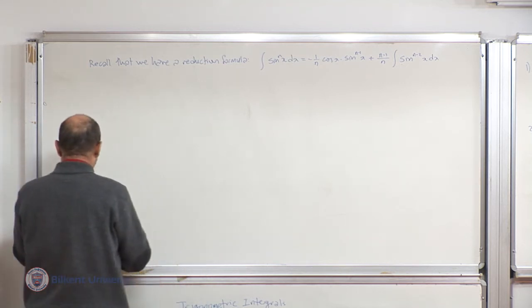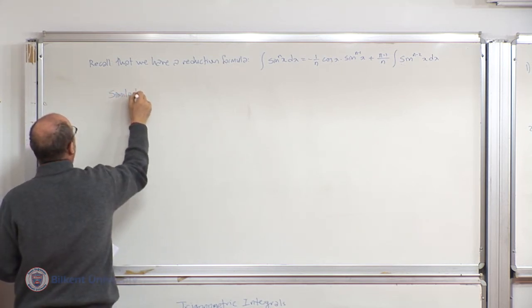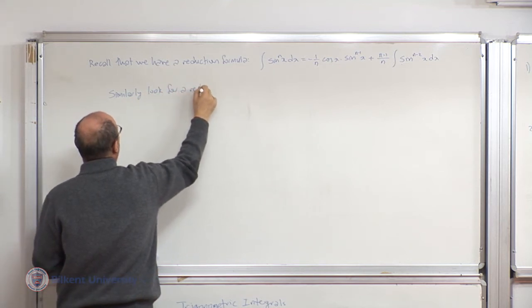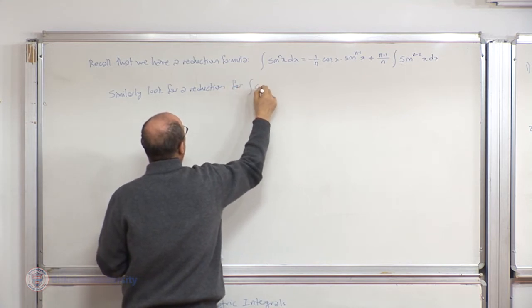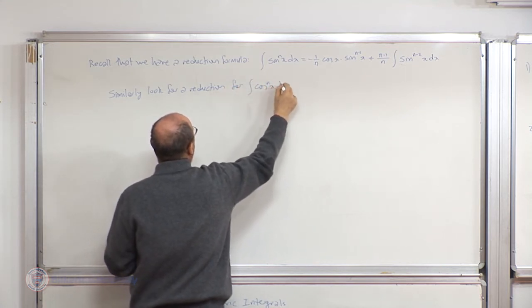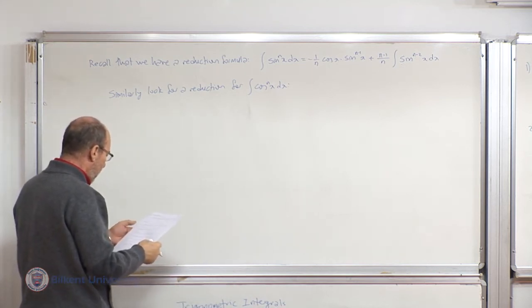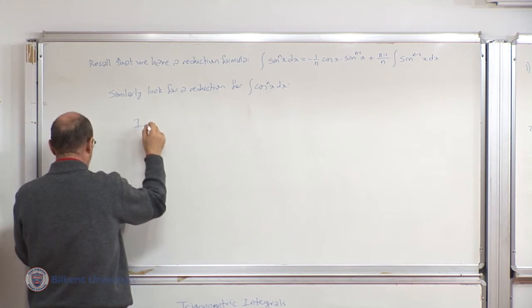Similarly, look for a reduction for the integral of cosine n x dx. Okay, so to save some ink, let us call this integral I_n.